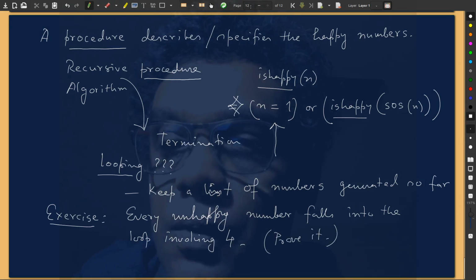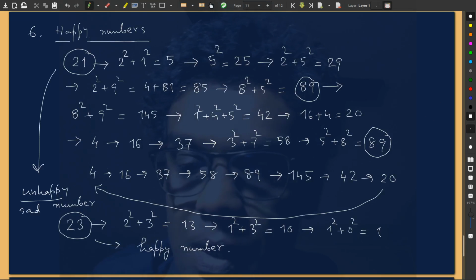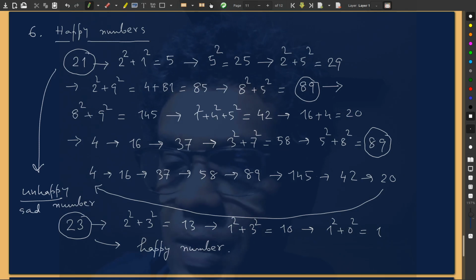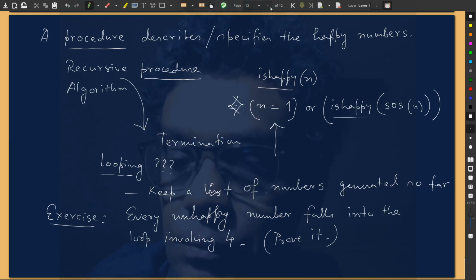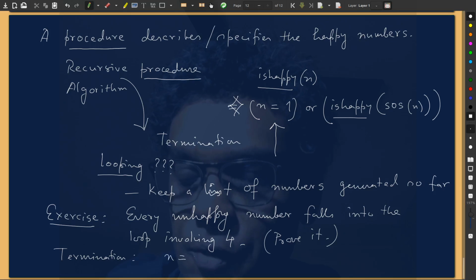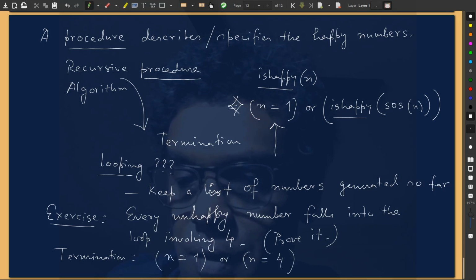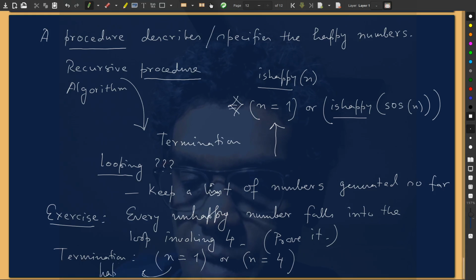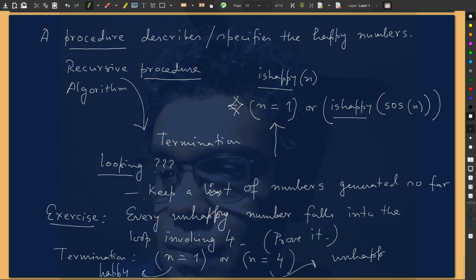Okay, so that means if you start with any unhappy number like 21, you will eventually end up in this loop, 4, 16, 37, 58. So that essentially implies that I can take the termination condition: n either reduces to 1 or n reduces to 4. So if this is the case, the original number is happy. If this is the case, the original number is unhappy.